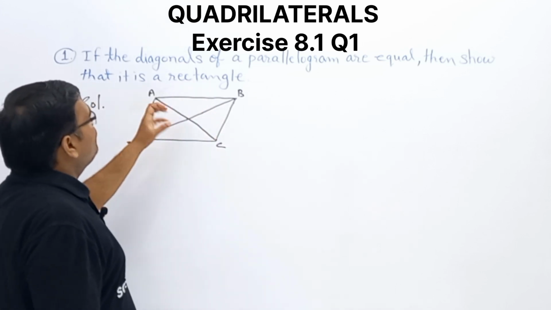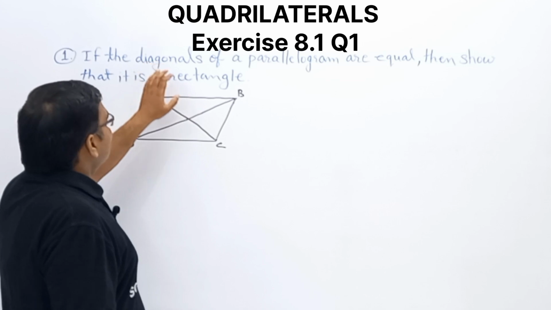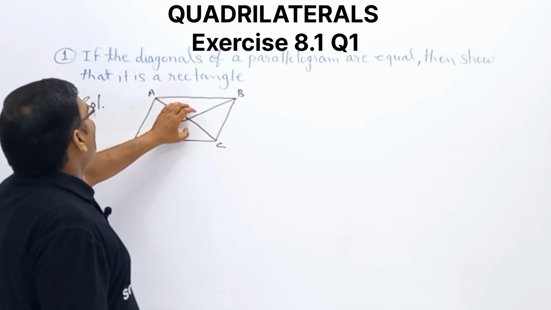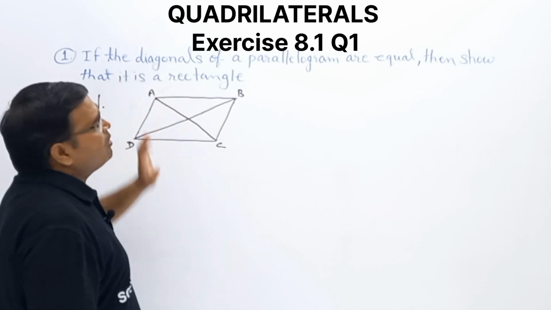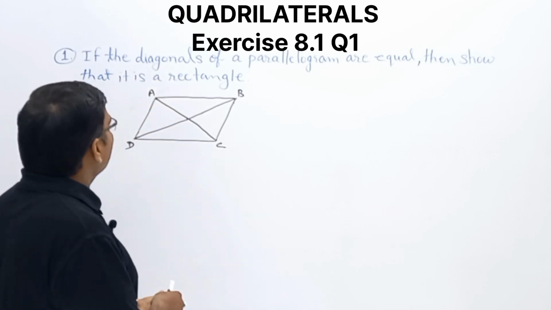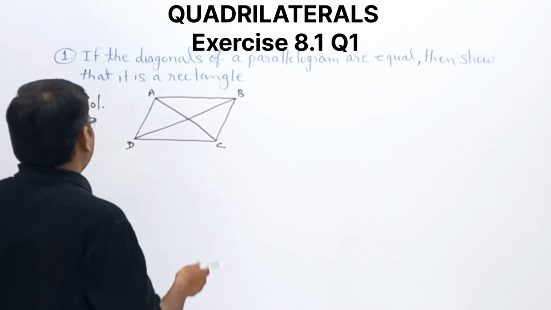Now, once the diagonals of this parallelogram are equal, we want to show whether it is a rectangle or not. So how will we show this? Observe.